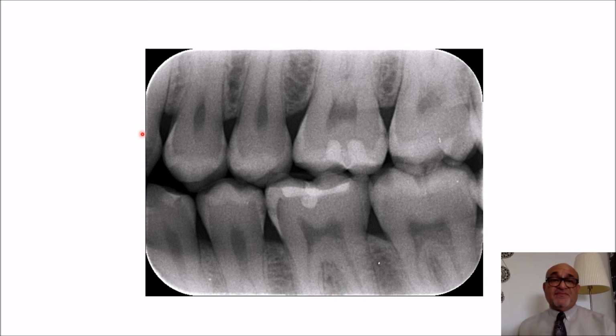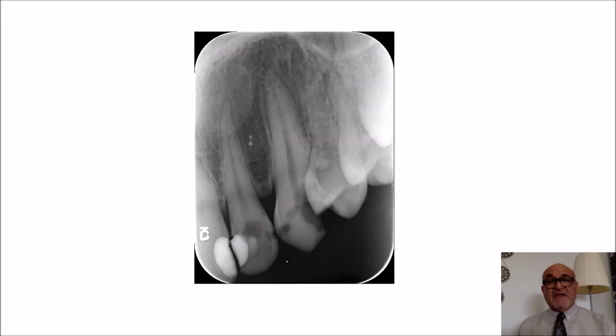So canine, 4, 5, 6, 7. This is the area closest to the midline, and then we draw the arrow. The arrow is directed towards the right, so it means that this radiograph is for the left side of the patient.